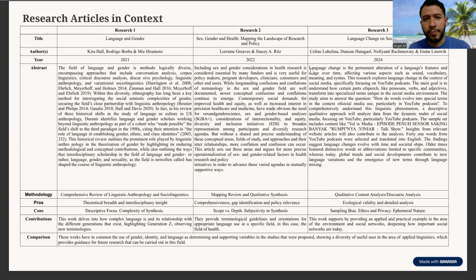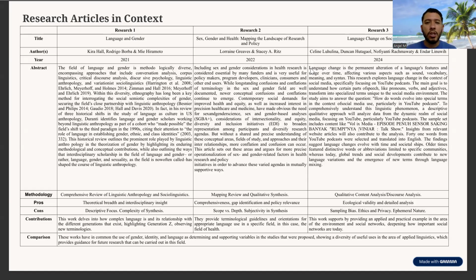Research number two. The title is Sex, Gender, and Health: Mapping the Landscape of Research and Policy. The authors are Lorraine Greaves and Stacy Ritz, year 2022.